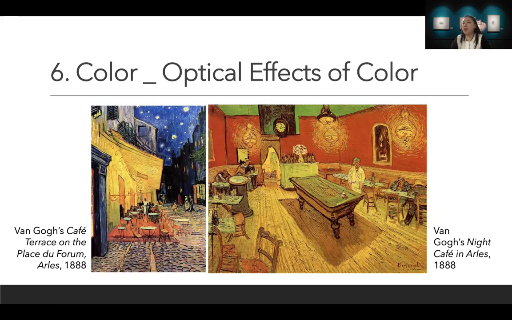What kind of color can you see in this painting? The left one. Blue, gold, white, red. Yes, very good. All the colors you just mentioned are used in this painting.